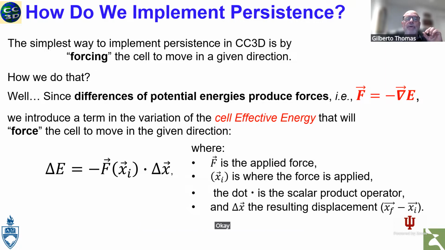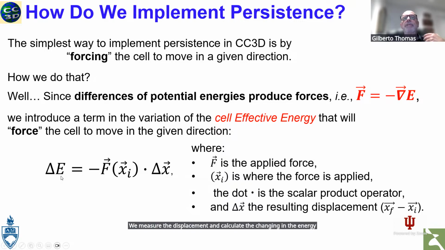Okay, so something applies some force, the cell moves, and at the end of some amount of time we were observing, we measure the displacement and calculate the change in the energy of the system doing this calculation.